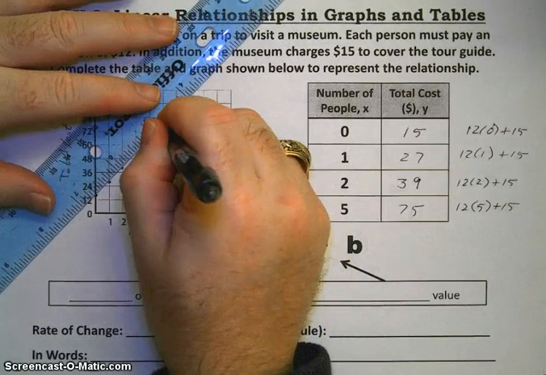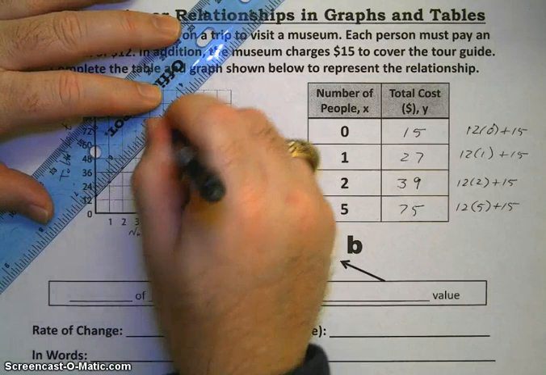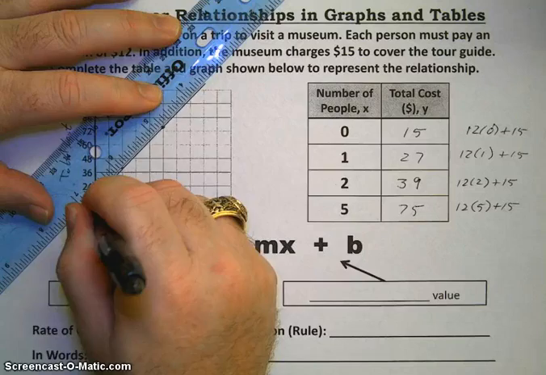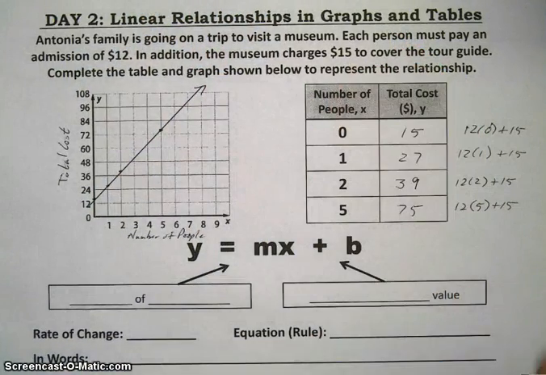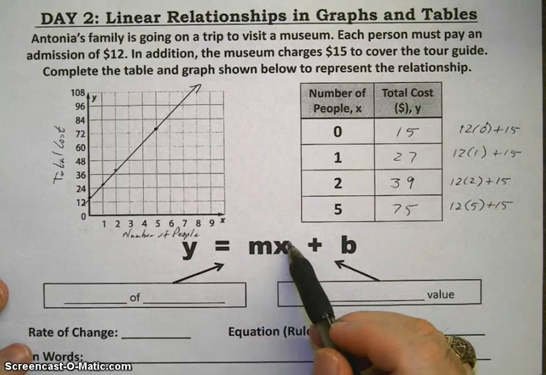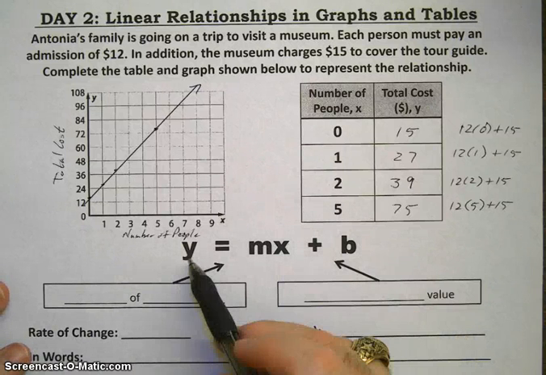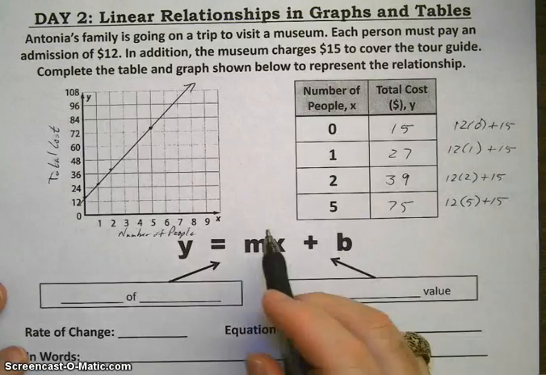We'll take our straight edge, and if we continued that line, it would keep going. So you can see that's why we know it's a linear relationship. It's because the graph of it is a line. It's also in the form of y equals mx plus b. In this case, x is the number of people and y is the total cost.